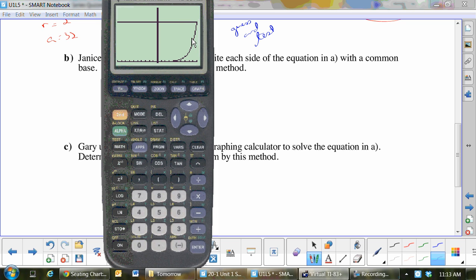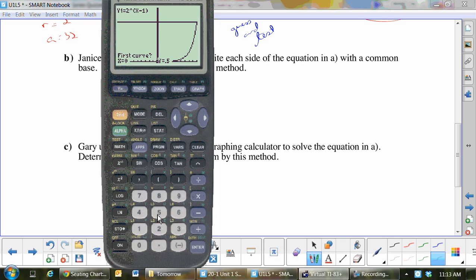Now, if you didn't get it, that's okay, just look up here. This is the answer. See, it's right there. How do you get it? Did you guys do this last year? Everyone look. You hit second calc. You're going to do number 5, intersect.